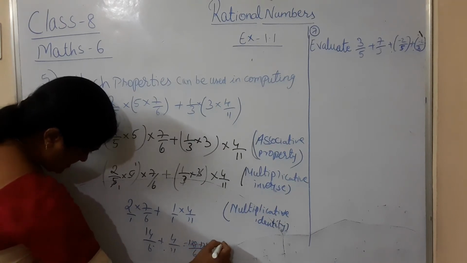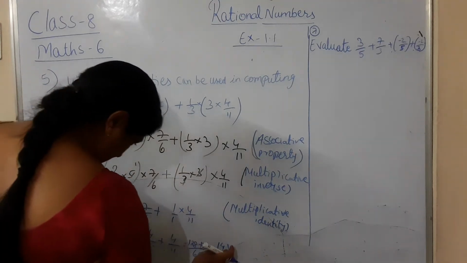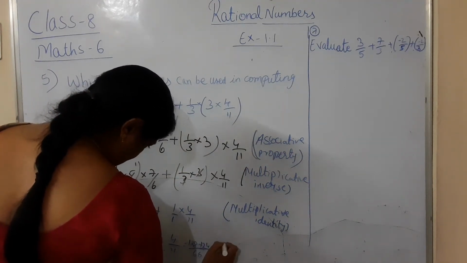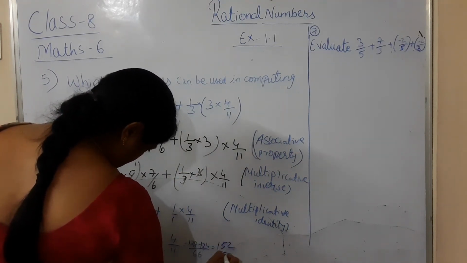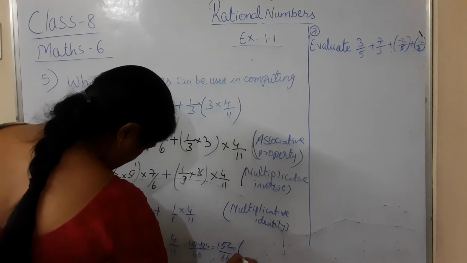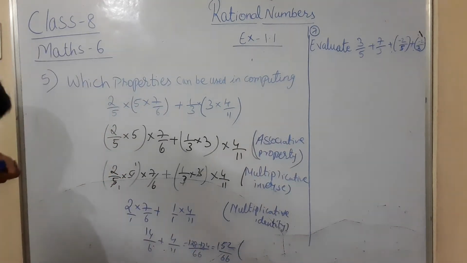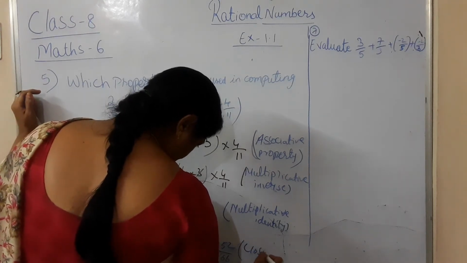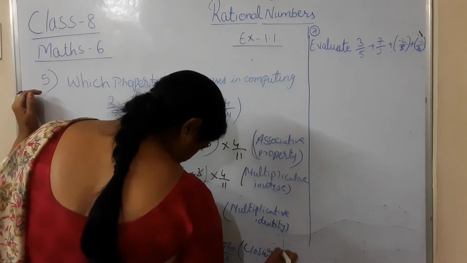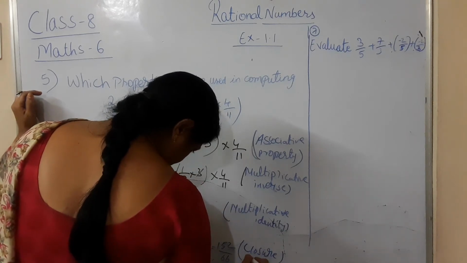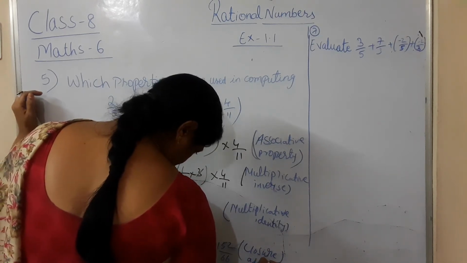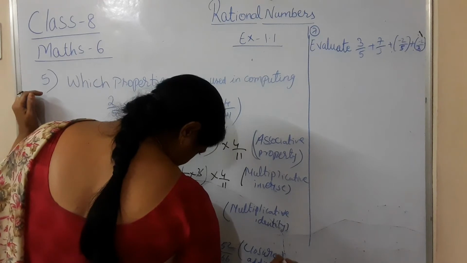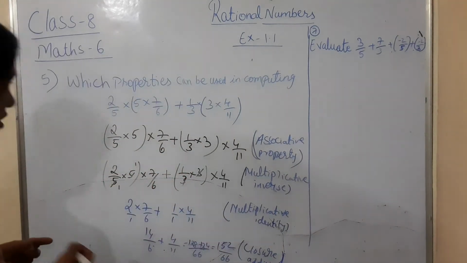So you will get this as 152 by 66. So what is the property that it satisfies? Yeah, closure. Closure under addition. I hope this is clear.